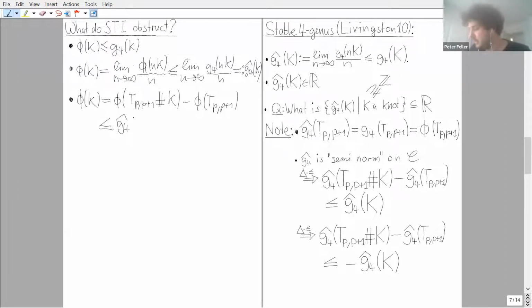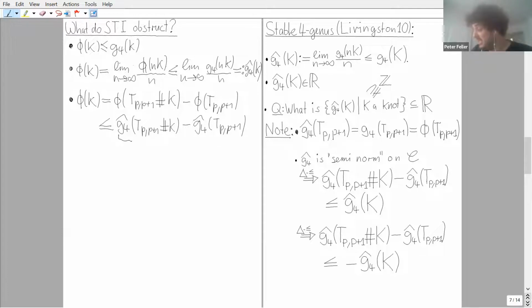So here is the 4 genus. And then I know on torus knots, they are actually equal to the 4 genus and equal to the stable 4 genus. So this is the same as T_{p,p+1}.